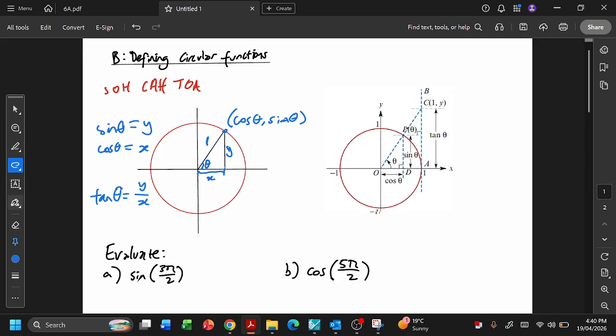Well, we now know that y is equal to sine and x is equal to cos, so we can rewrite this ratio to say that tan theta is equal to sine divided by cos. This is a really useful ratio that we are going to be using throughout the exercise.